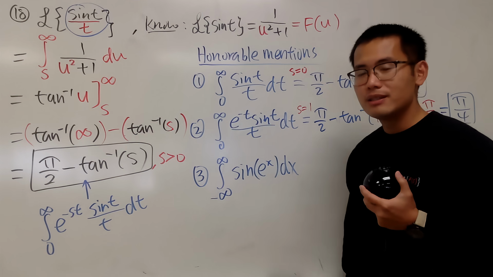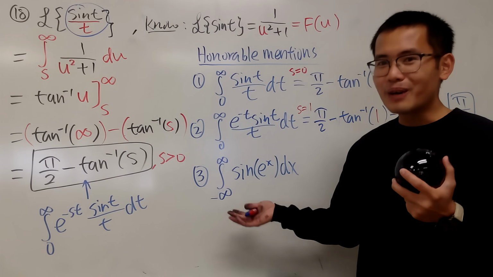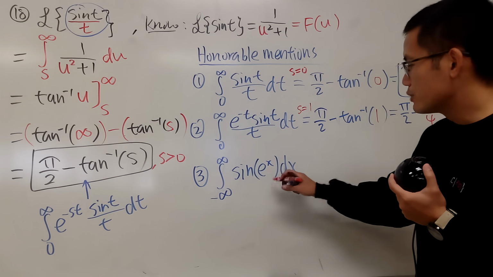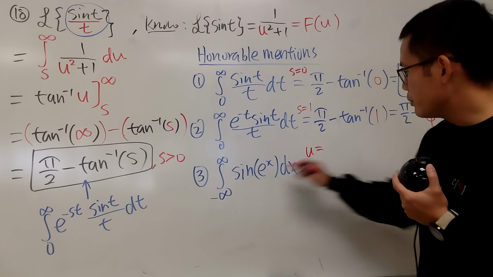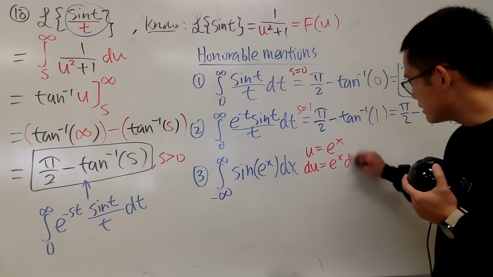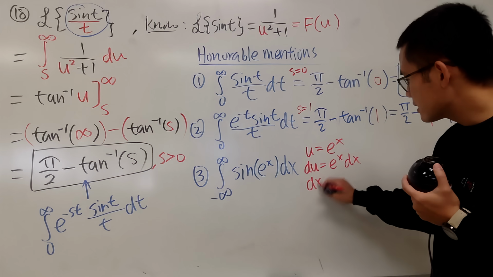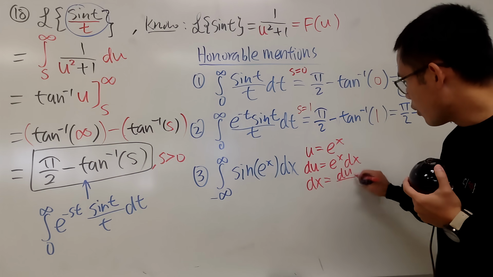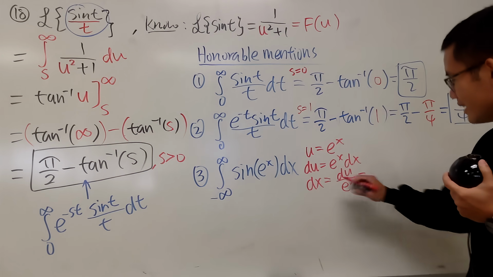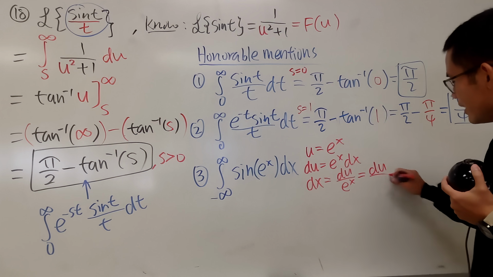How can we do this? Well, do our usual calculus stuff. Let's do some substitution, yeah? Let u equal the input function, which is e to the x. And you see du is the same as e to the x dx. So that means dx is the same as du over e to the x. Don't worry. After the substitution, that's du over u.